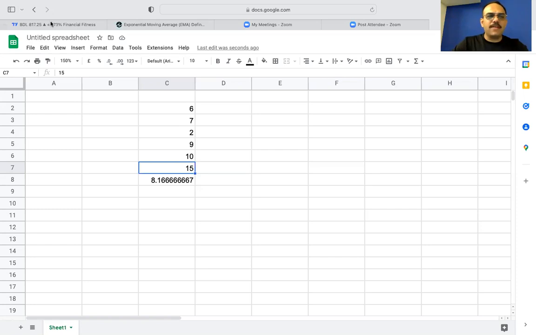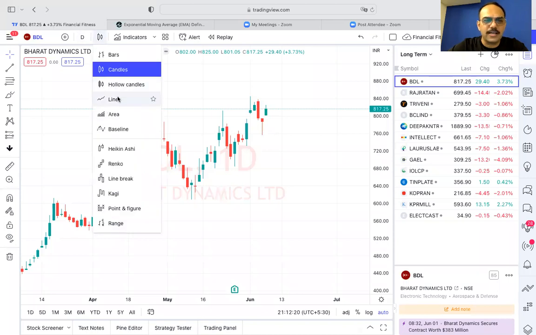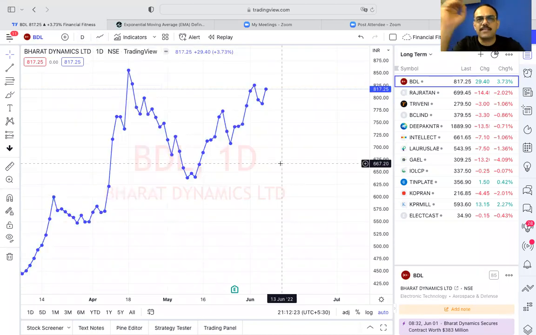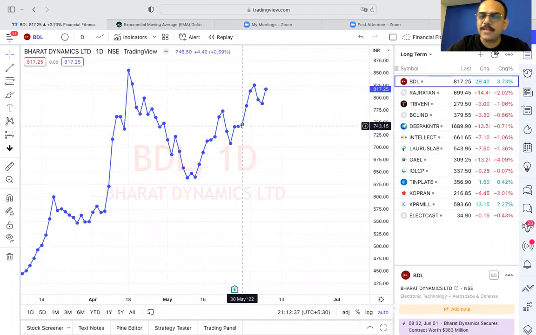Same way, when we are doing moving average, closing prices are taken, like what we have discussed: the closing price. Every day at 3:30 the market closes, and every share will have its closing price. So the average is calculated by adding these closing prices and dividing by that number.